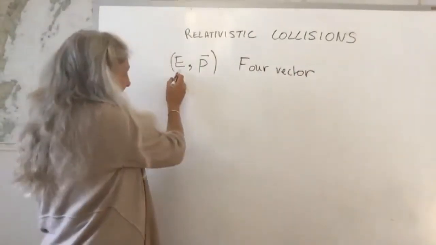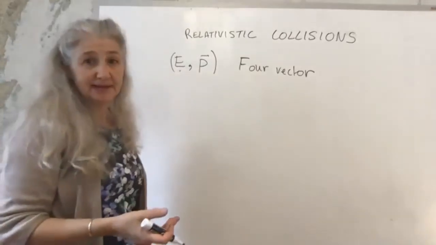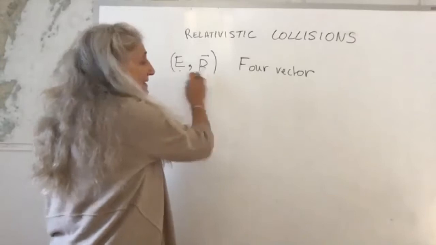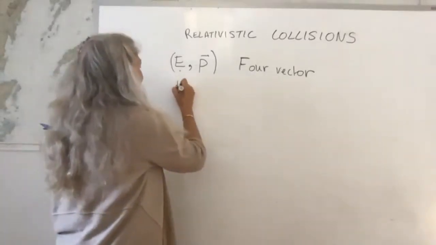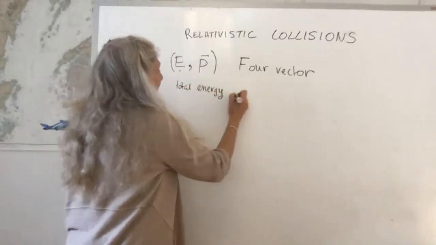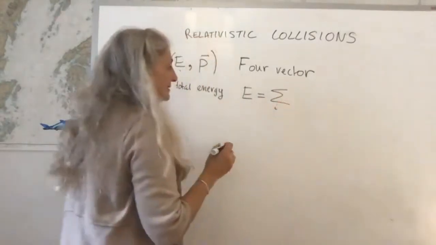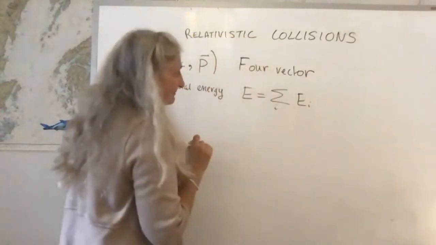So this is the energy, and if you had a bunch of particles, the energy would be a sum of the energies of the particles. And this is the momenta, and there's the total momentum. So this is total energy, a sum over all the particles of the energies of the individual particles.